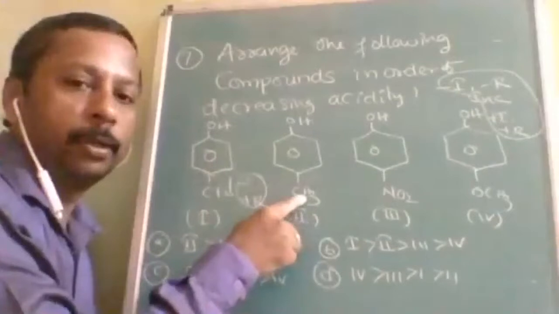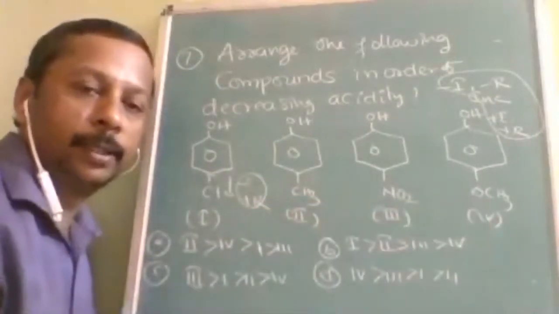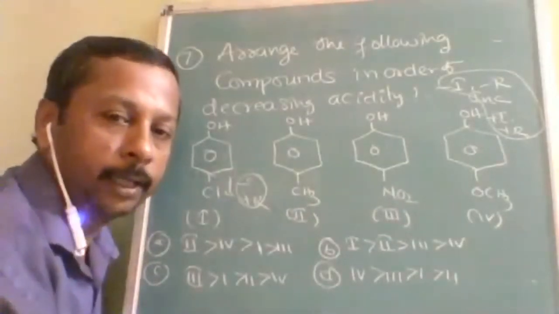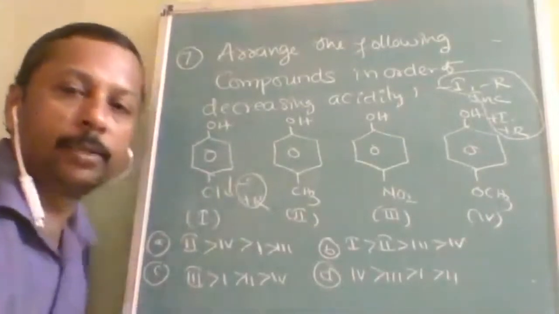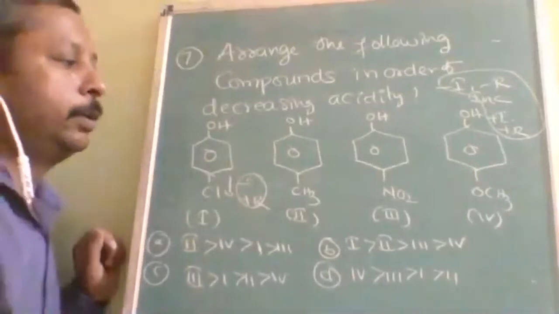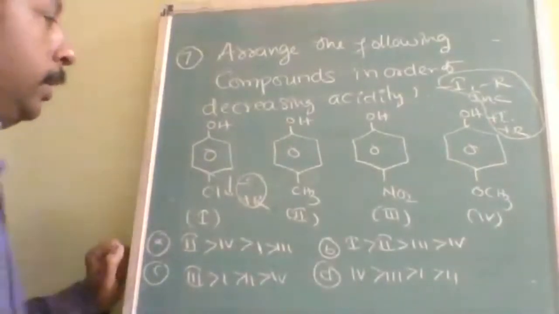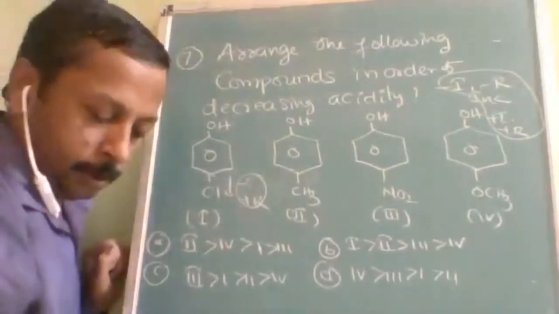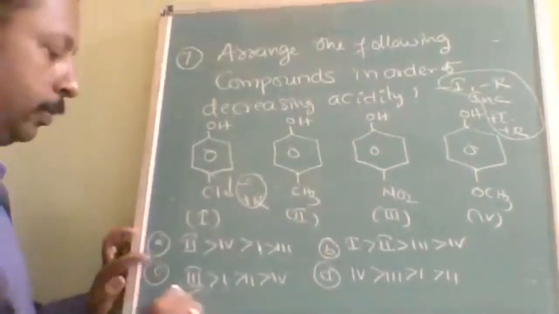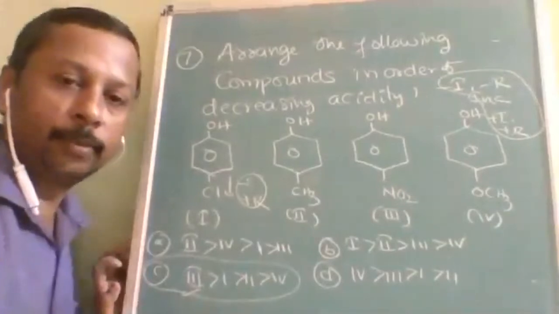Then methyl is an electron releasing group, NO2 is an electron withdrawing group, and OCH3 is a very activating group. The most withdrawing nature is shown by NO2, so it should be the highest acidic. The highest acidic is 3. So if options are given, you should consume less time.